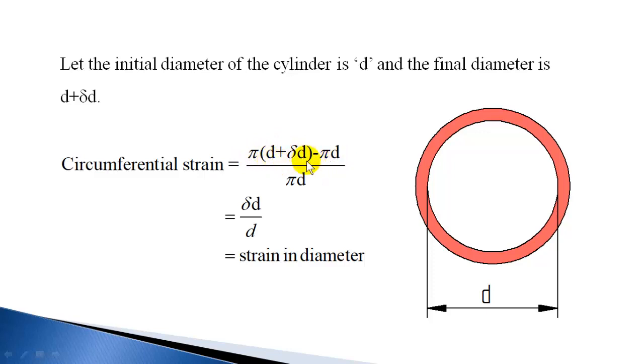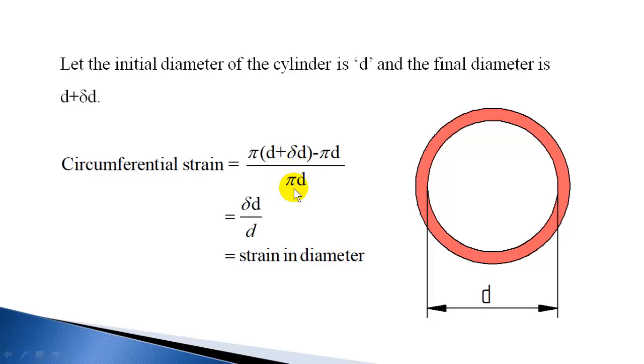So pi into d plus delta d minus pi d, divided by initial circumference pi d, will give the circumferential strain. If you expand this, pi d minus pi d cancels, pi into delta d divided by pi d.